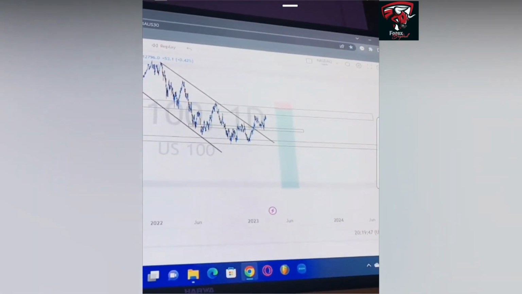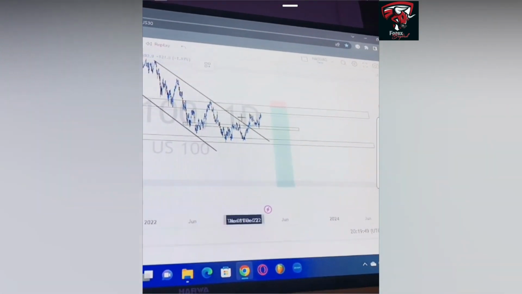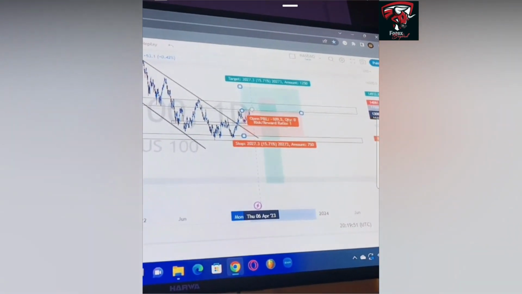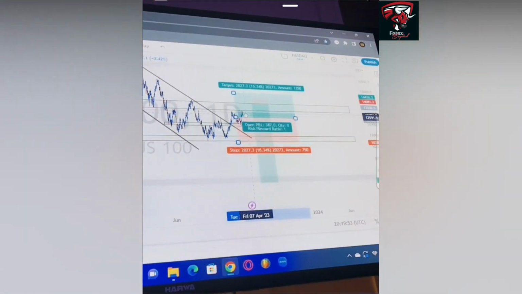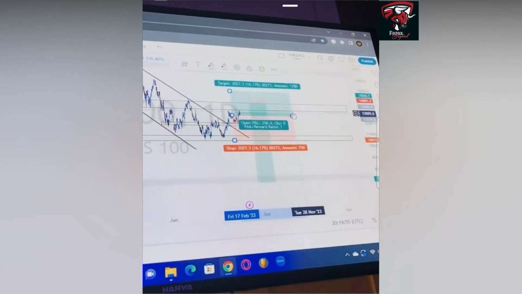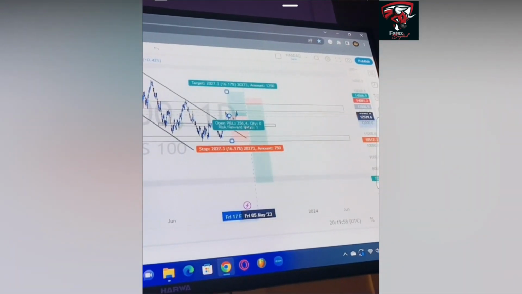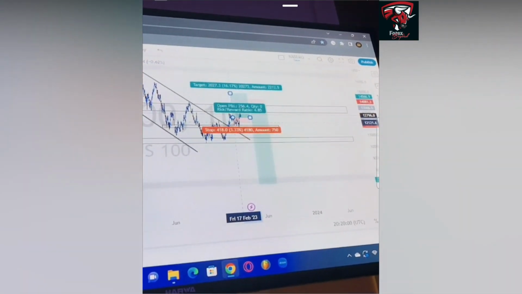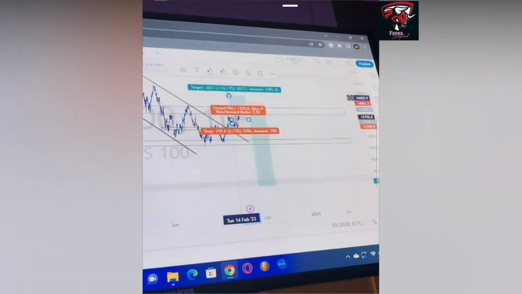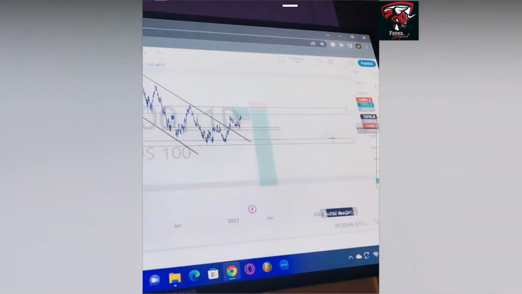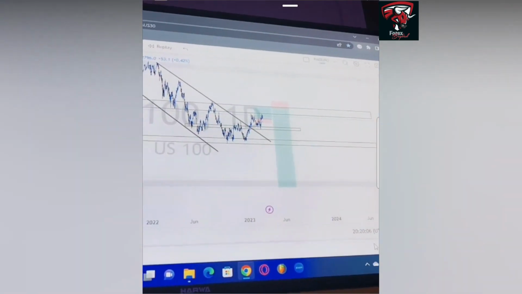But now we need to focus on taking a few smaller buys just at this level, and have a stop loss somewhere around there. Now do you understand?